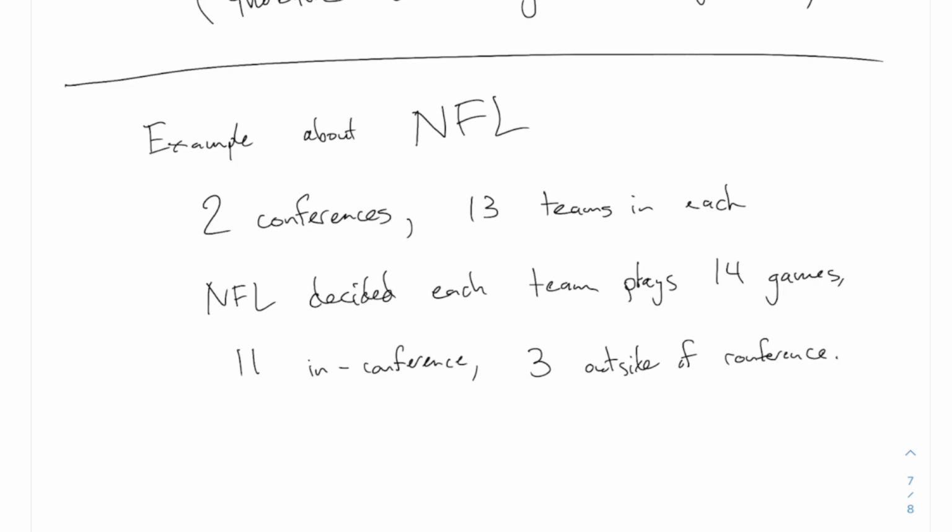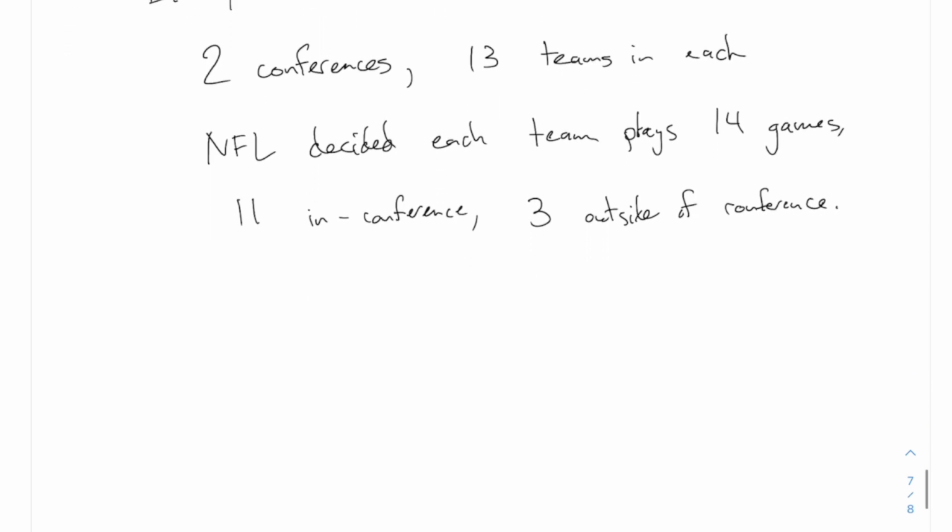So the guys with the suits decided that this would be the way that the schedule would go, and then they gave it to some people to actually make the true schedule about deciding exactly who's going to play who. It turns out this arrangement described right here actually is impossible to do for graph theoretic reasons.